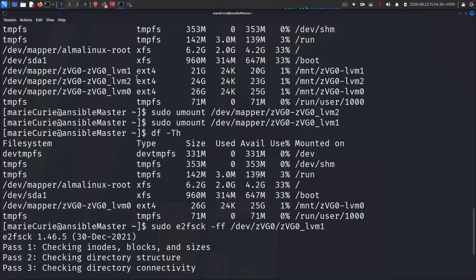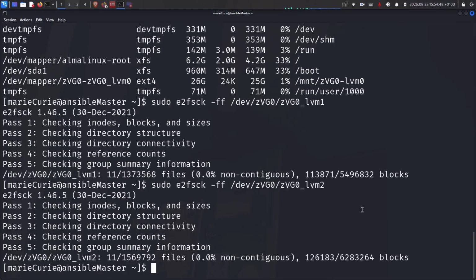I am going to remove 7 GB from LVM2, so I am going to reduce it to 16 GB. Similarly LVM1 has 7 GB removed, 20 minus 7, it is 14 GB. So here LVM2 will be 16 GB and LVM1 will be 14 GB.